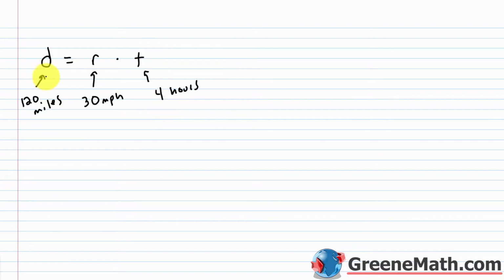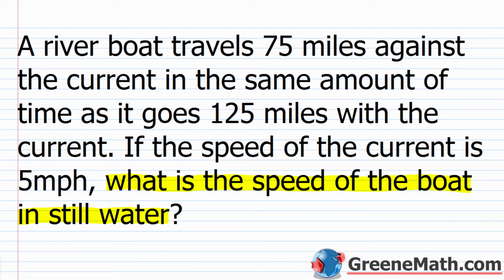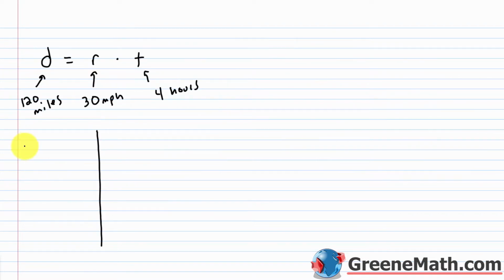Now, let's think about this formula with a nice little table. If we reread through the problem, we have two scenarios. We have against the current, and we have with the current. So we have against the current, which I'll just label as against. And we have with the current, which I'll just label as with.